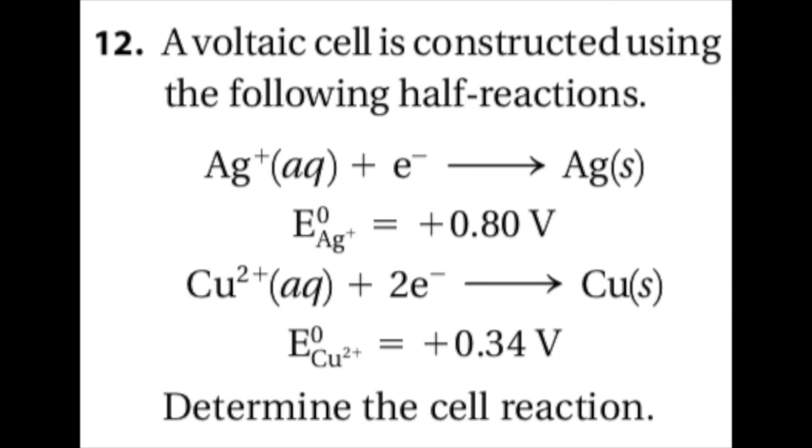Get it? So silver plus 1, it's going to be reduced, plus copper, got to reverse that bottom one. So silver plus 1 plus copper metal yields silver metal plus copper plus 2. And that's as simple as that.